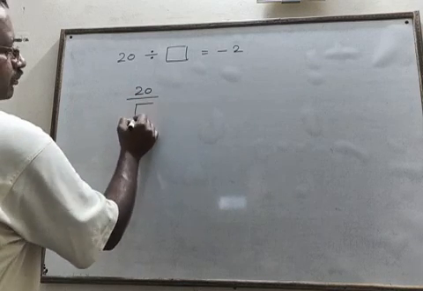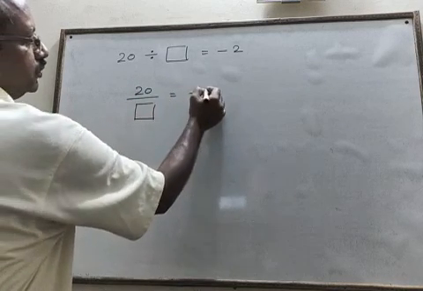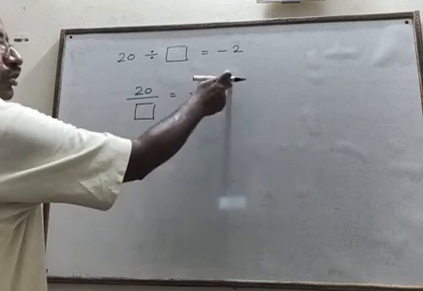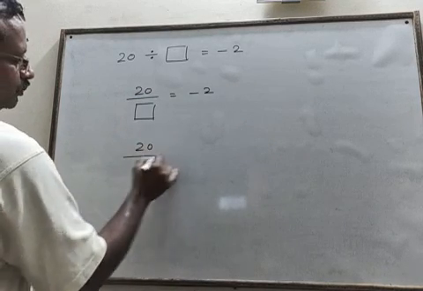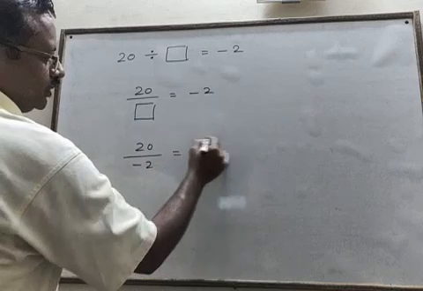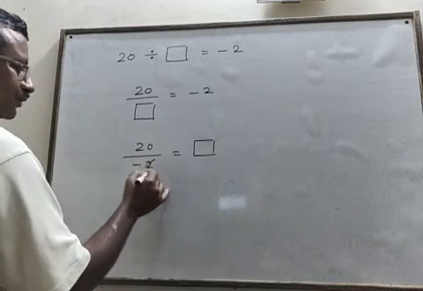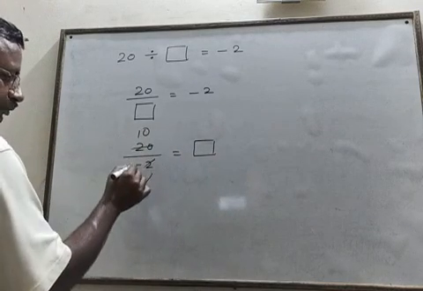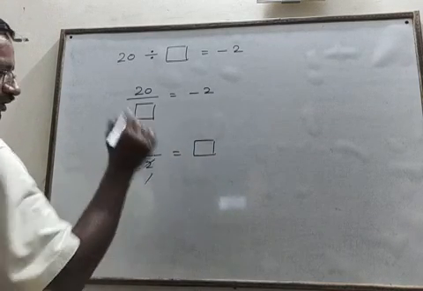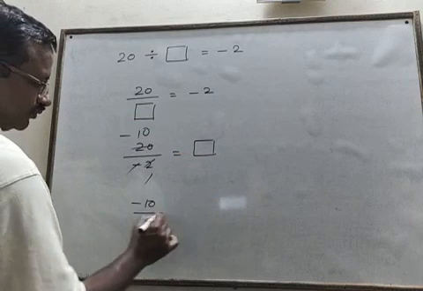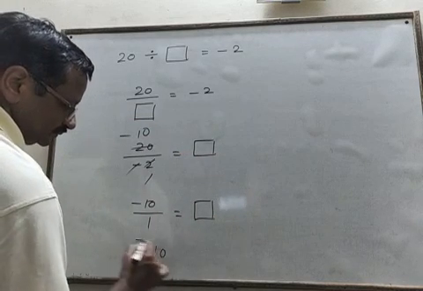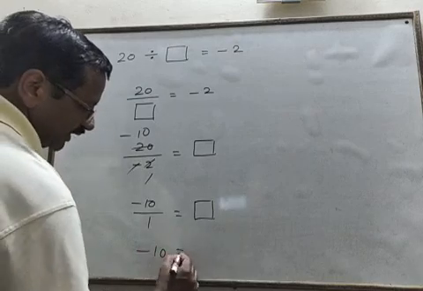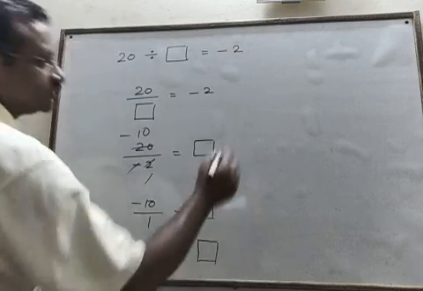20 divided by box equal to -2. Take this box to that side, -2 to this side. 20 upon -2 equal to box. 2 ones are 2, 2 tens are 20. Remove this minus here, put it here. -10 upon 1 equal to box, that is -10. -10 equal to box.